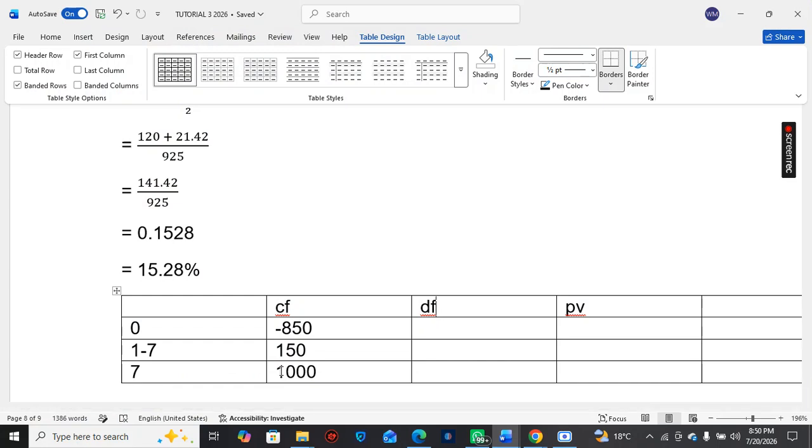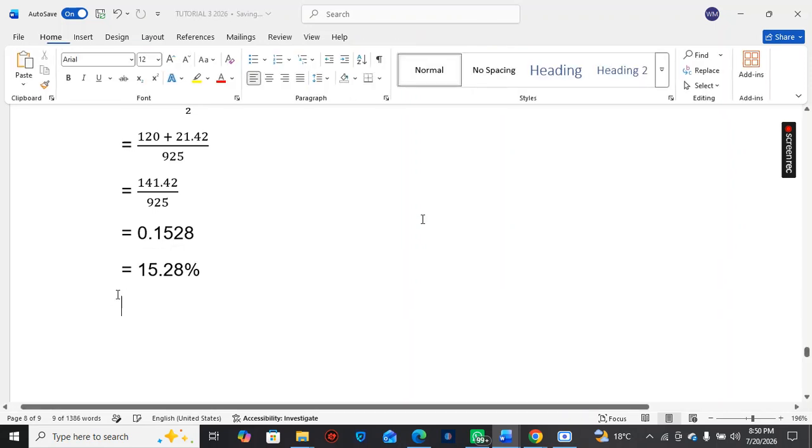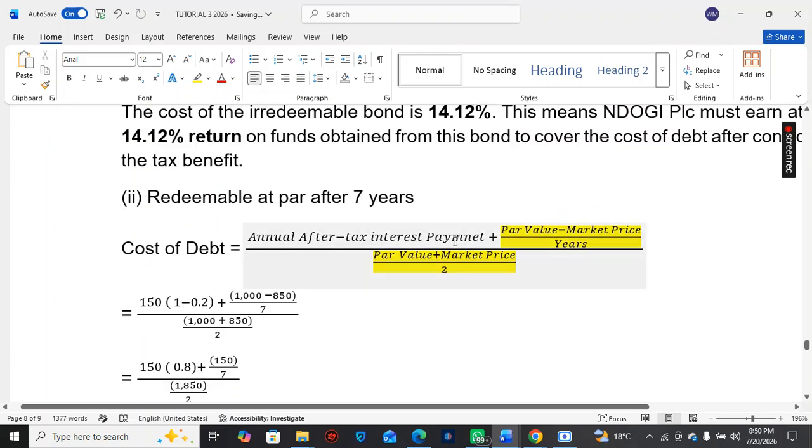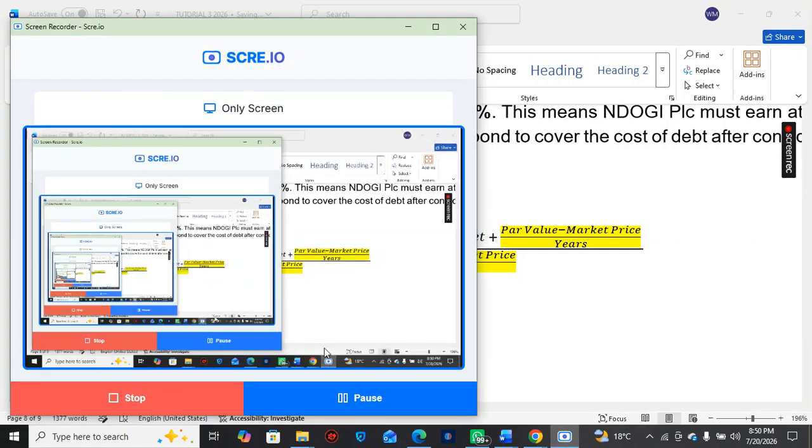I think what you do is just use this formula here. I'll make some practice questions so that you can practice this and remember it. Any questions before?